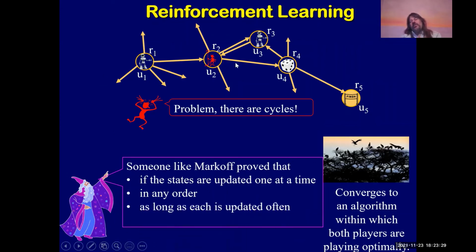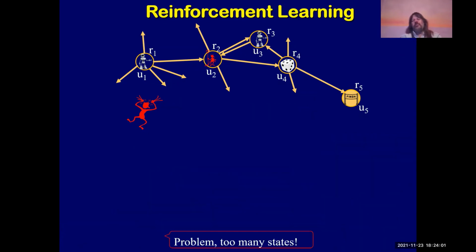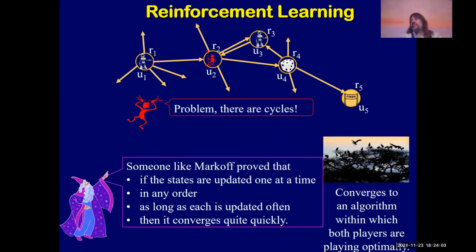The only requirement is that your schedule is long enough that each node is updated often. Maybe you just cycle through the nodes in some order, and everybody gets updated often. Then there's a theorem that says the R values will converge quite quickly to the correct values, even if there are cycles. And I certainly am not going to prove that because I have no idea how to prove it. All right, everybody good with that?